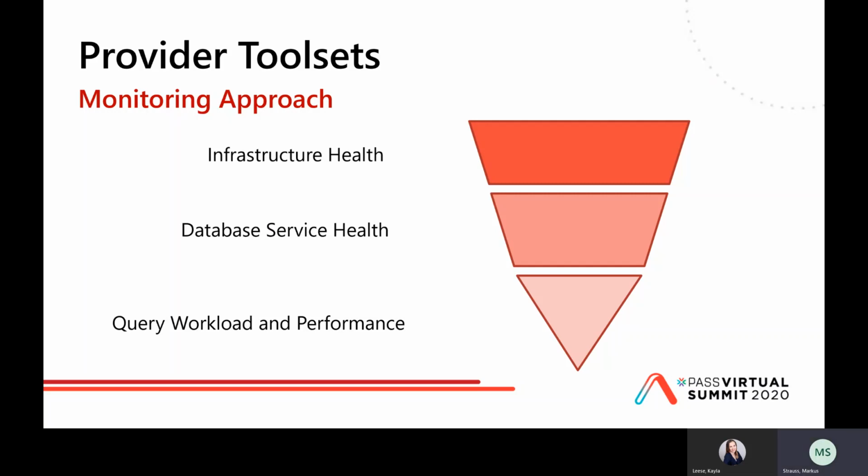So now that we've talked a little bit about the challenges and the benefits and drawbacks of the provider built-in toolsets that we can make use of, let's start having a conversation about how we can overcome those monitoring challenges and what we need to do to get to a level where we have confidence in the metrics that we collect.